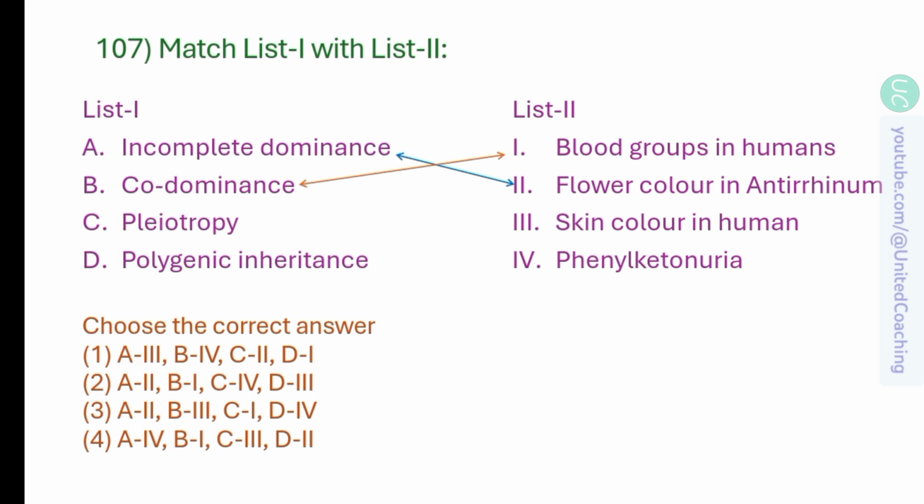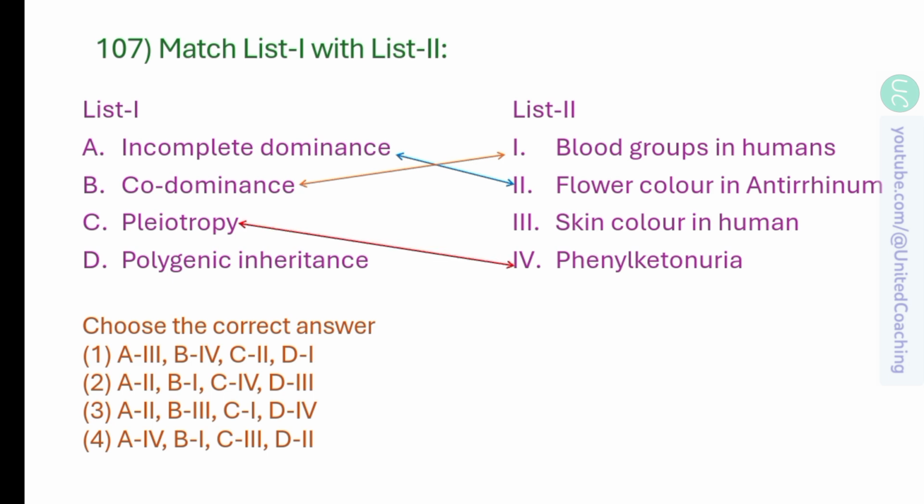Codominance is a genetic inheritance pattern where two alleles of a gene are expressed equally and independently, resulting in a different trait in an individual. In codominance, neither allele is dominant or recessive and both traits appear simultaneously.